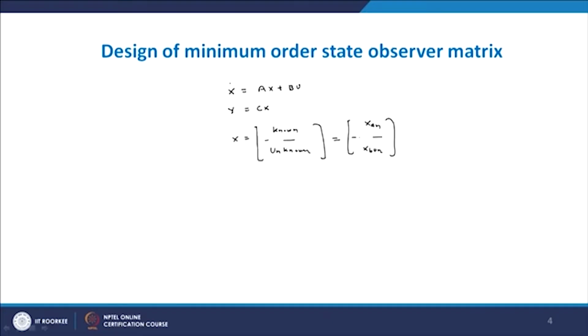That means, the state vector has been divided into two parts, known and unknown. For simplicity, this can be represented as x a and x b.